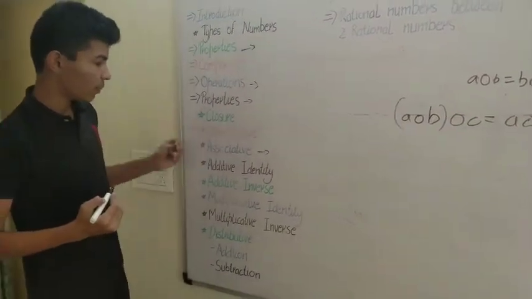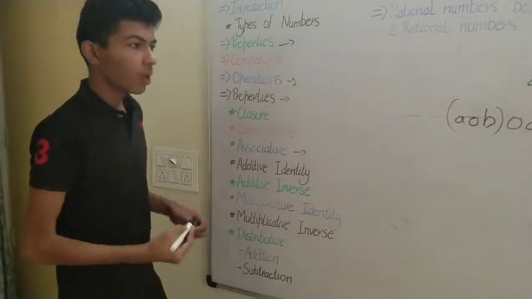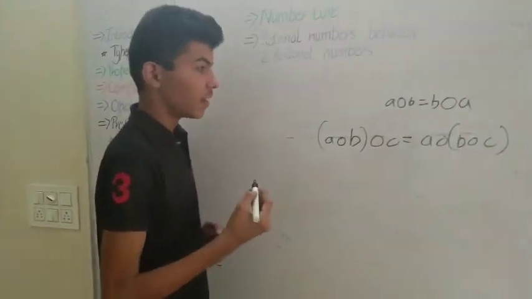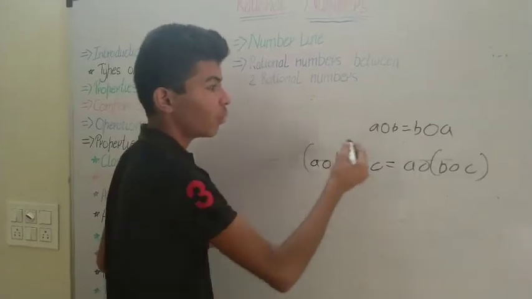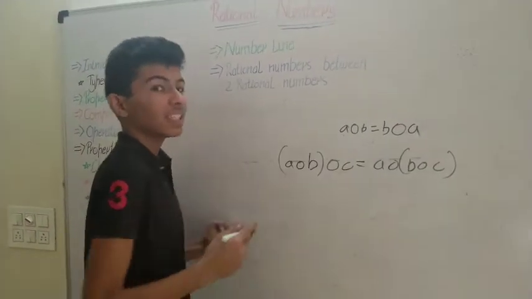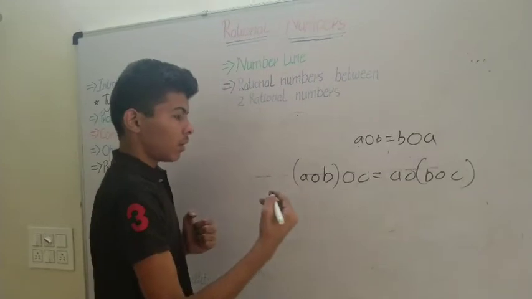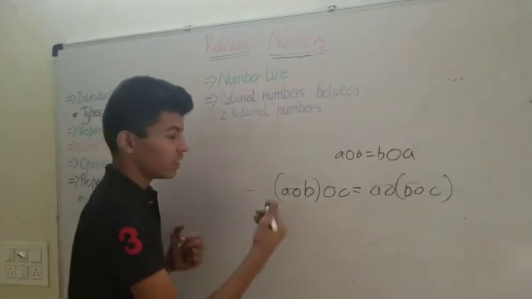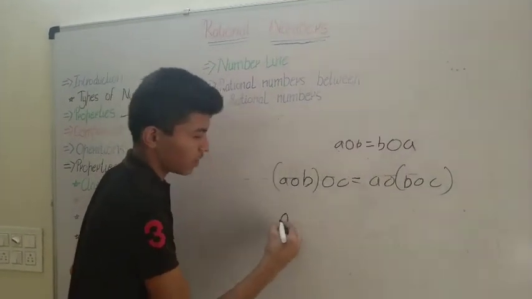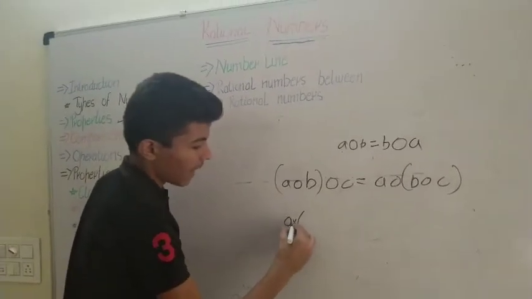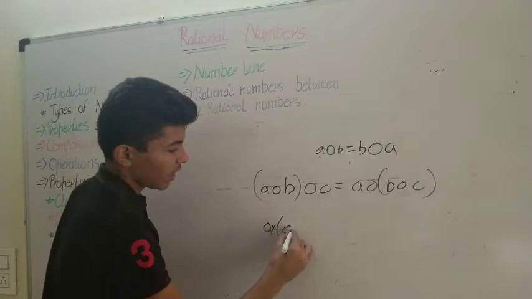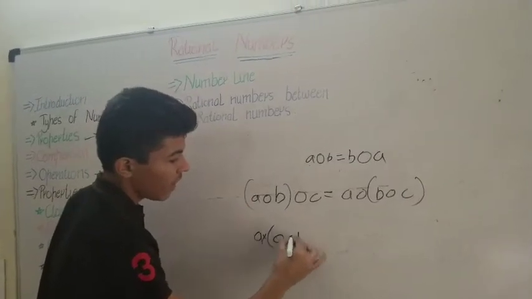And the third main type of property is the distributive property. It says we can move the operations. We have moved the numbers, we have moved the brackets, now we can move the operations. There are two types possible, multiplying a by b and taking c.